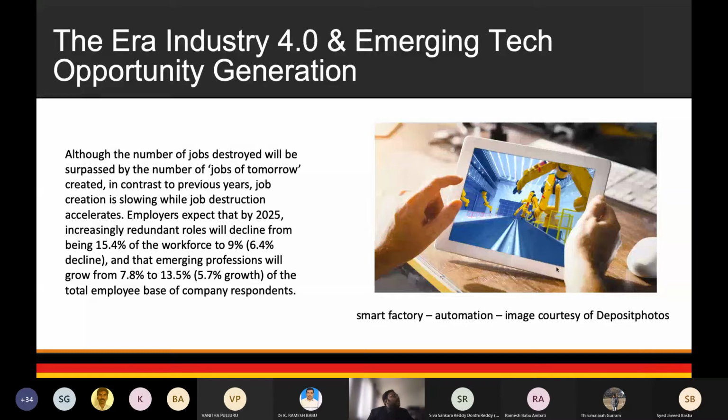Job creation is not only declining; of course it declined from 15.4% of the workforce to 9%, which means we can easily see a 6.4 point decline here. But after these professions emerge, it will go from 7.8% to 13.5%. So we have seen the decline of 6.4%, but we are still seeing a growth of 5.7%. This is by considering emerging technology adaptation and seeing the opportunity as early grabbers.